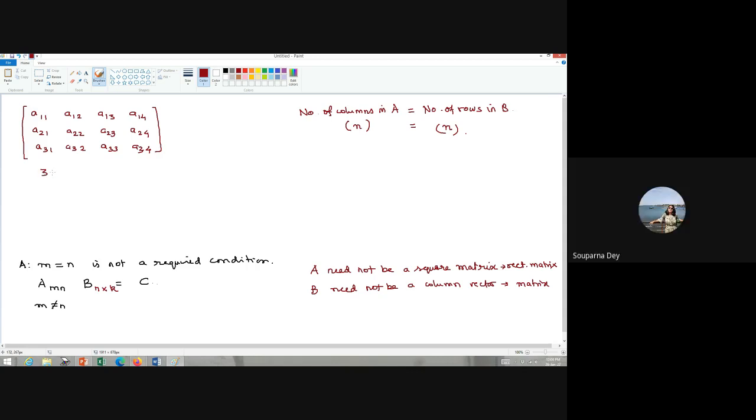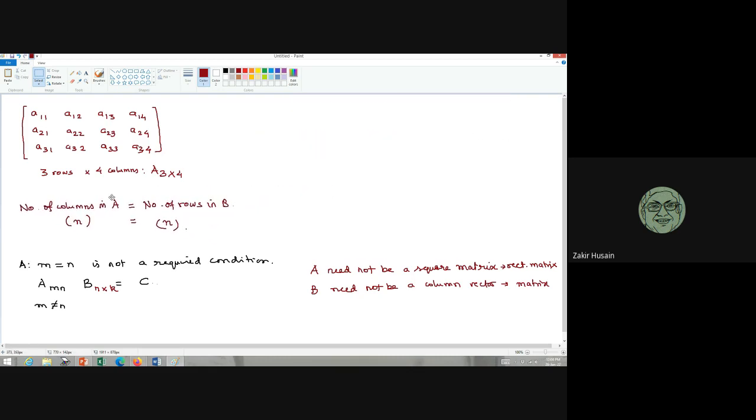I've got 3 rows and 4 columns. So A is 3 into 4.